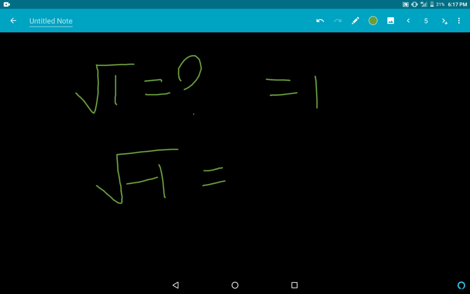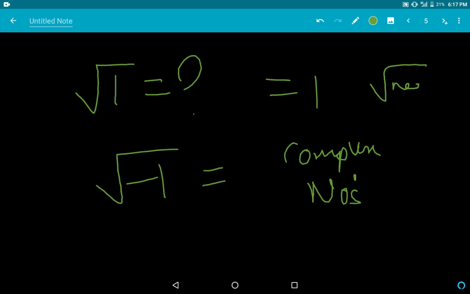No. This is something that we call not real numbers. There is a concept called complex numbers. I'm not going to discuss it in detail. Any root of a negative number is not a real number. Just remember, it's a complex number.